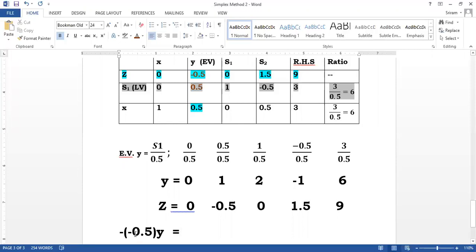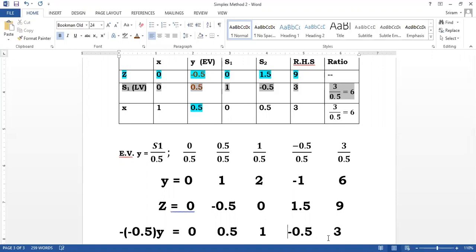Here minus into minus will become plus. 0 into 0.5 is 0. 1 into 0.5 is 0.5. 2 into 0.5 is 1. Minus 1 into 0.5 will become minus 0.5. And 6 into 0.5 is 3. I am using the calculator.